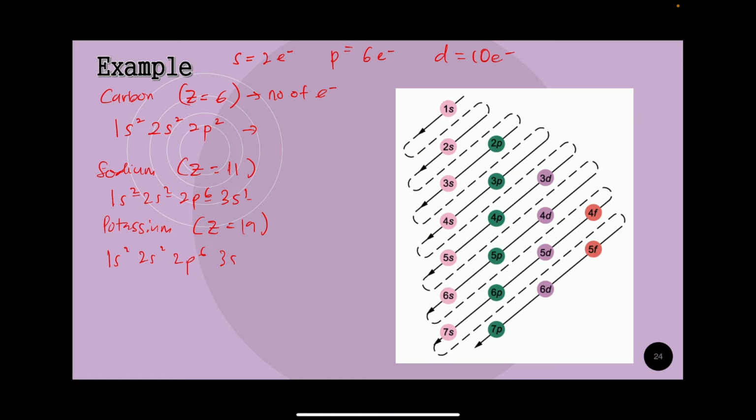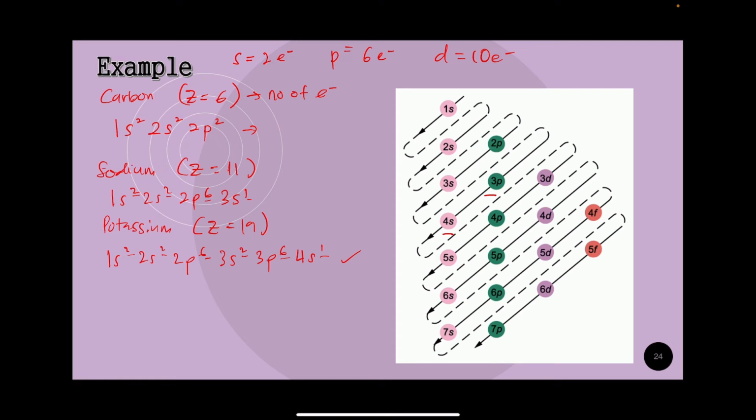We continue with 3s2, and after 3s is 3p6. Now we have used 2, 4, 10, 12, 18, and then another 1 electron, which we fill into 4s. After 3p is 4s, so 4s1. So we consume all the electrons: 2, 4, 10, 12, 18 and 19. So this is the electron configuration for potassium.